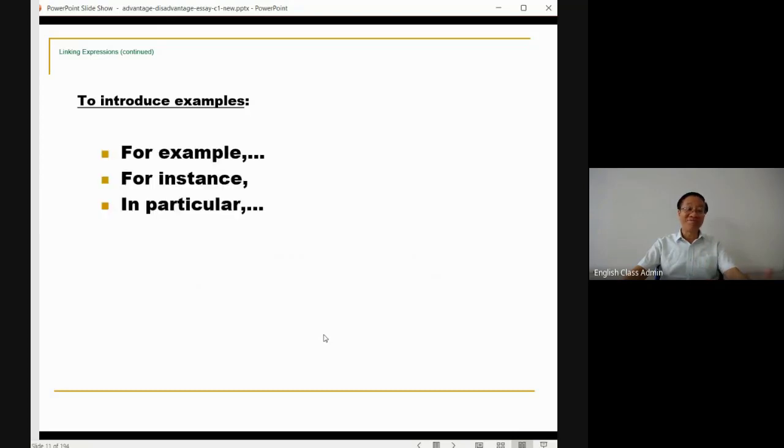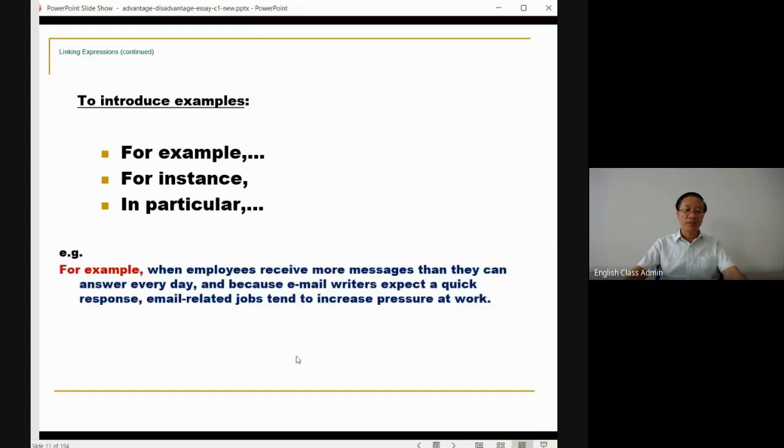For the first example, here you should learn three useful expressions or transition signals to let the reader know that you're going to illustrate your point with an example. Back to our topic about the advantages and disadvantages of using email, you can indicate your illustration with the words for example.